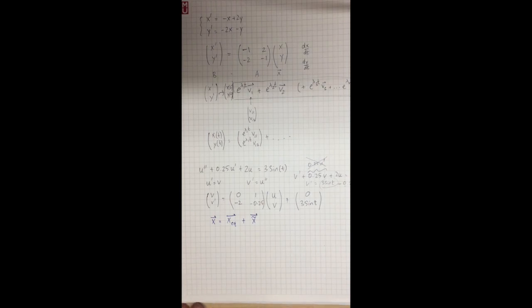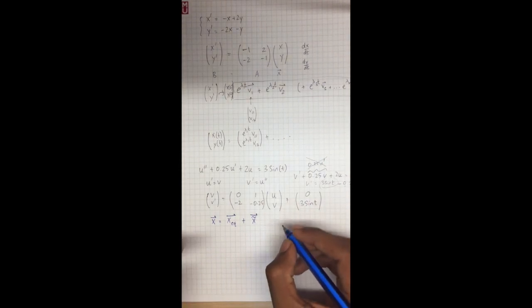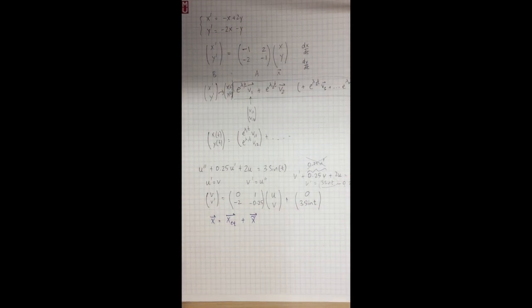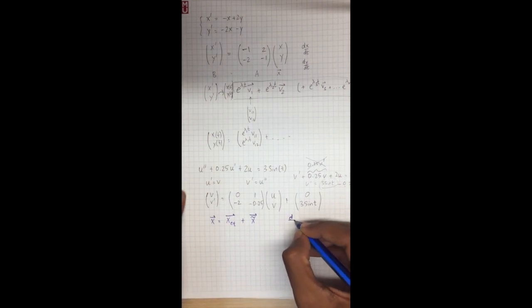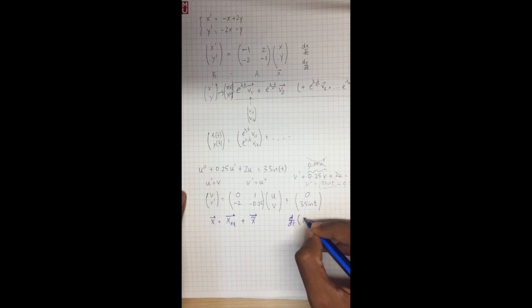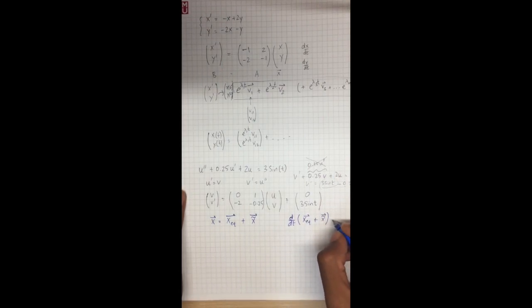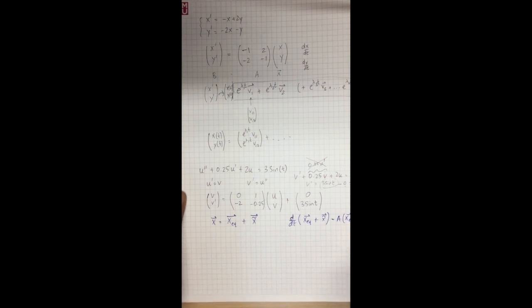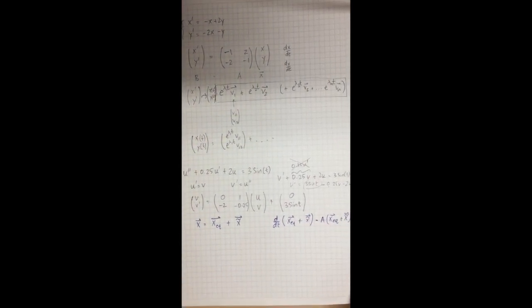If I differentiate this on both sides, I get d over dt of x equilibrium plus the x tilde vector would be A times the x equilibrium vector plus x tilde vector, plus the b vector which I'm having.